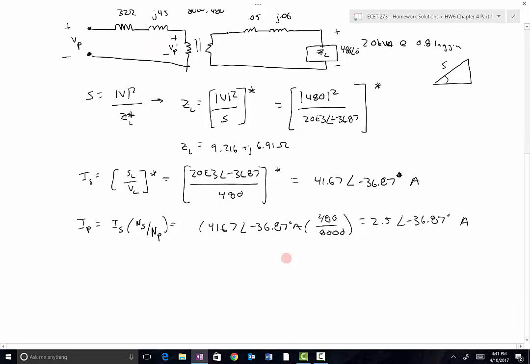So I can say that the circuit that I'm solving now looks like this. ZP, and then I've got ZS prime plus ZL prime.